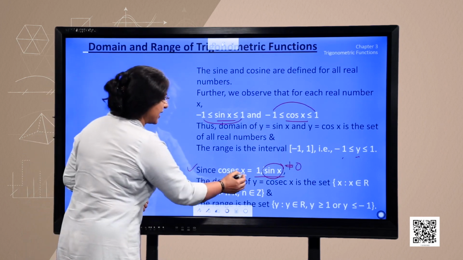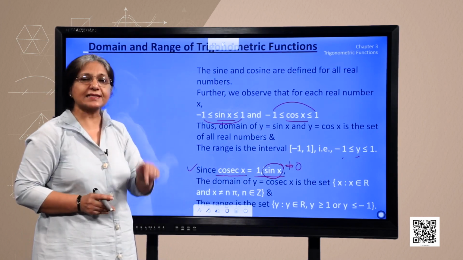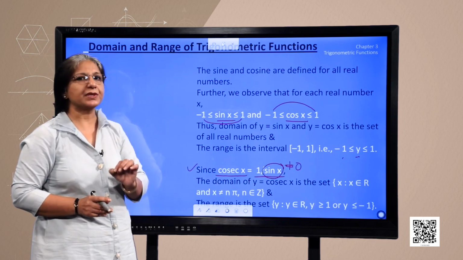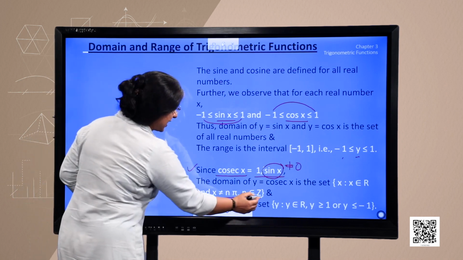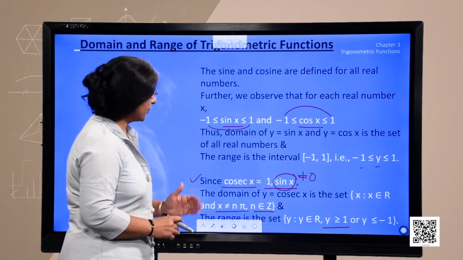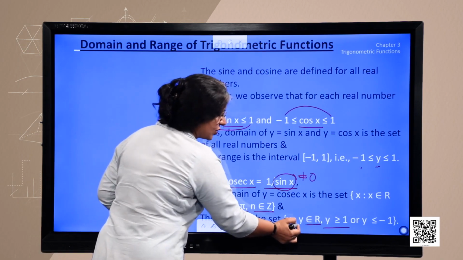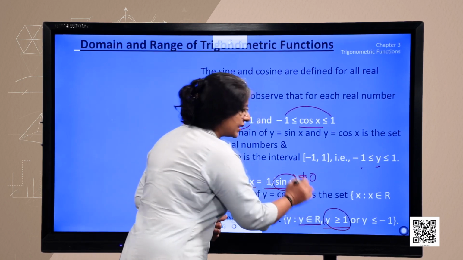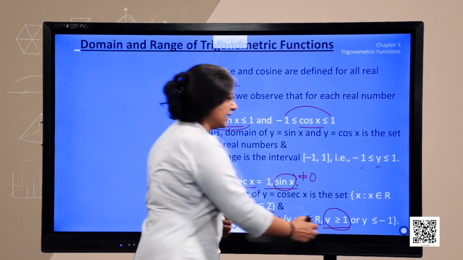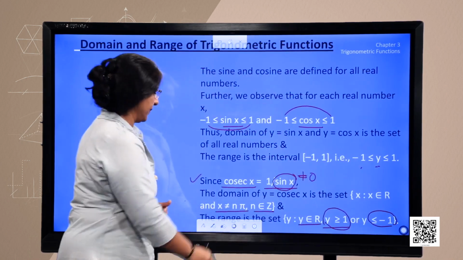So, the domain of cosec x is all real numbers except the integral multiples of pi, where n is any integer. The range of cosec x is the set where y is any real number, but y should be greater than or equal to 1 or less than or equal to minus 1.